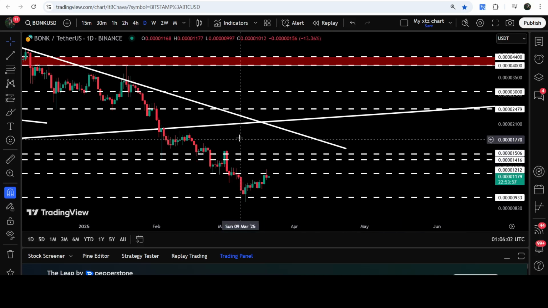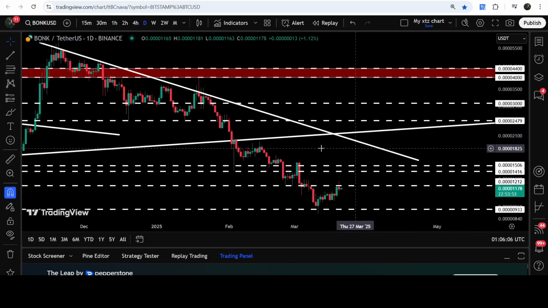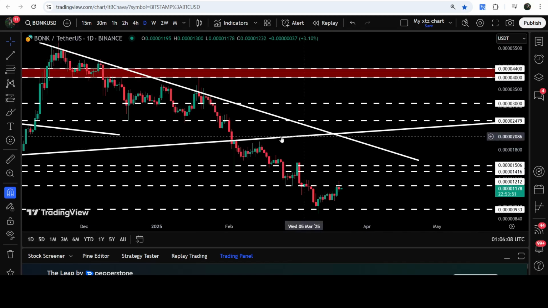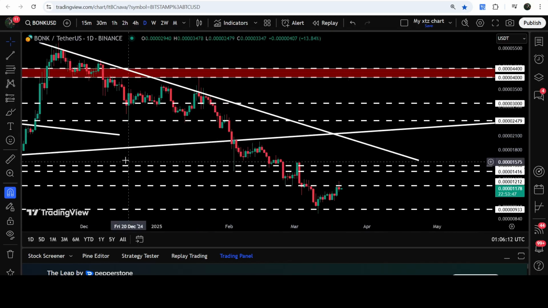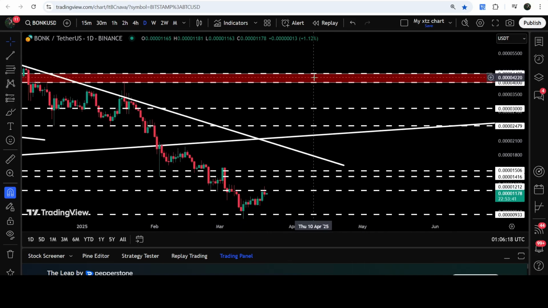If the price then breaks it out, first we will need to break out this downtrend line resistance, and then it can try to break out this uptrend line resistance as well. I'm expecting that as soon as the price breaks out this long-term uptrend line resistance, soon we may see another attempt to break out the long-term resistance that starts from 0.00004 and goes to 0.000044 dollar. So this was the update so far.